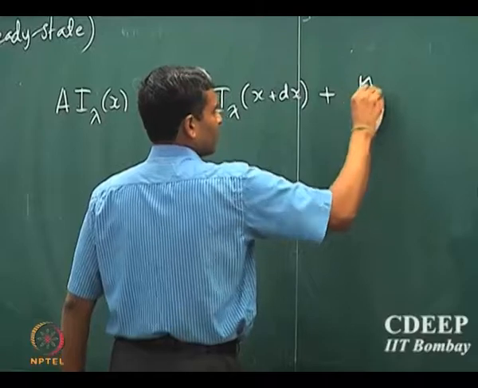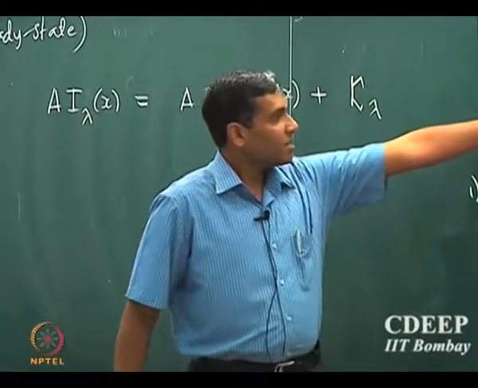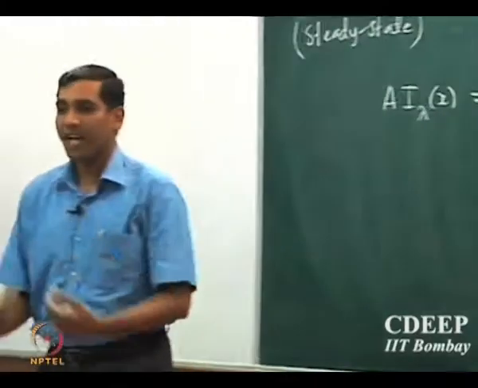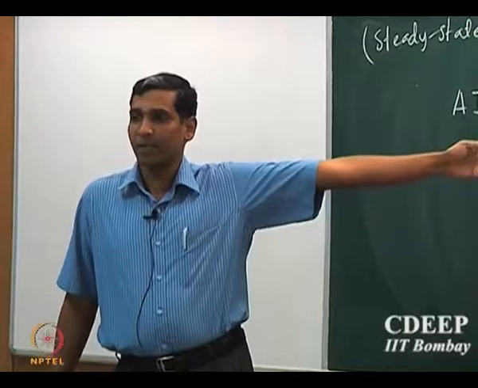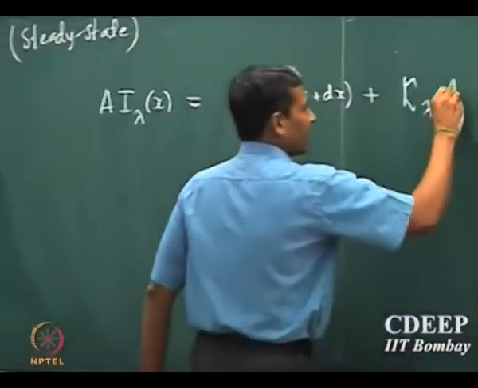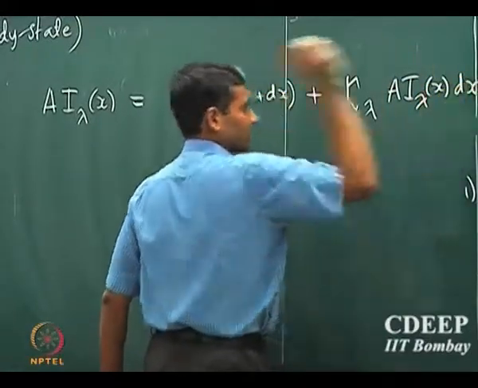plus whatever is absorbed. I should have mentioned that the absorption coefficient is actually the fraction of radiation that is absorbed at that location, right. So that will be kappa lambda into A I lambda x multiplied by dx, okay.